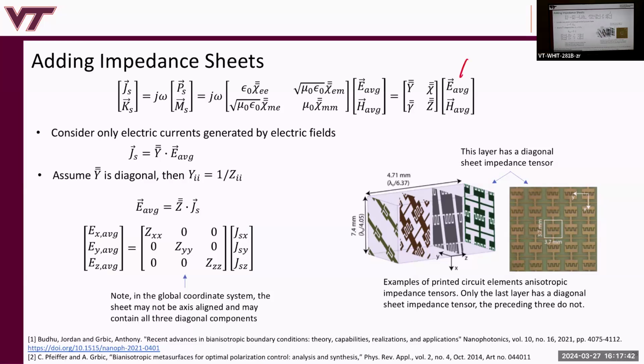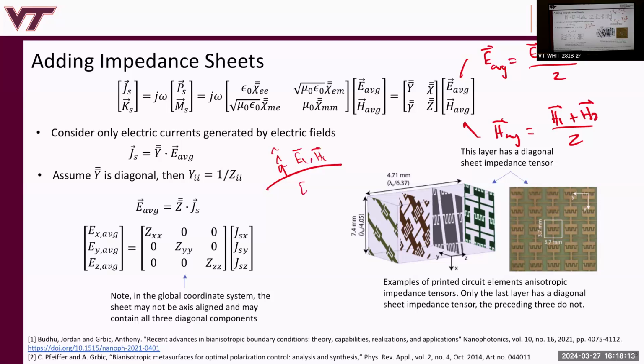This E tangential average is E1, let's say, plus E2 divided by 2. And these are considered tangential, right? So tangential E1, tangential E2. And the H average is equal to H1 plus H2 divided by 2. And H1 and H2 are two sides of an interface, right? E1, H1, E2, H2. All right.